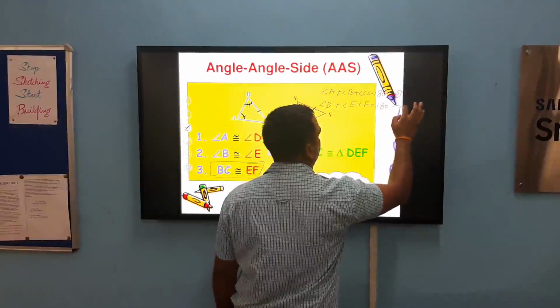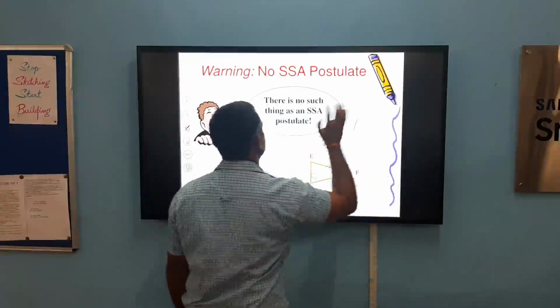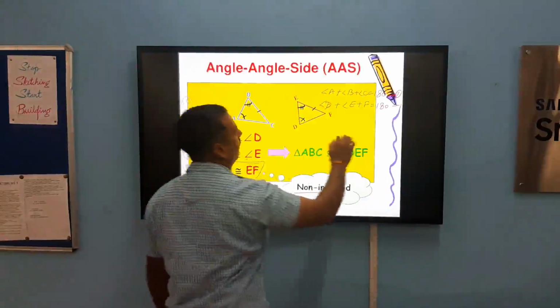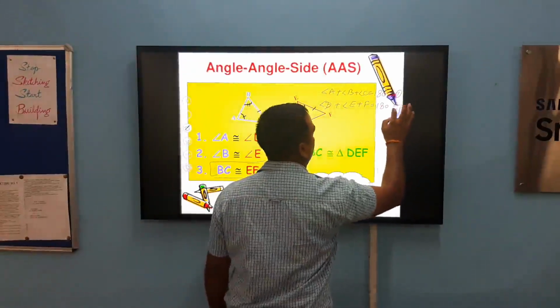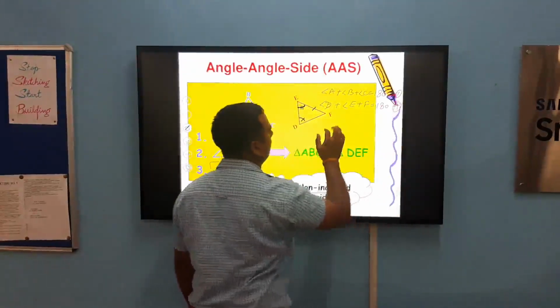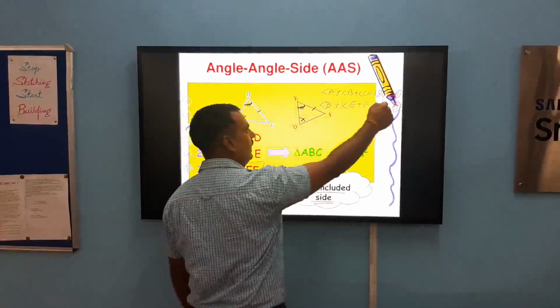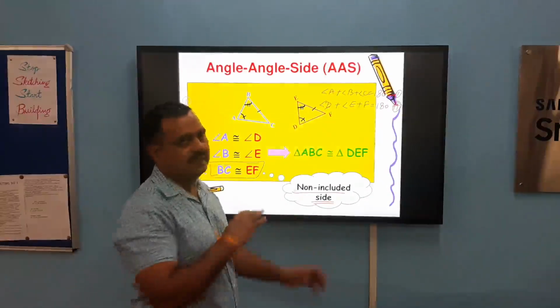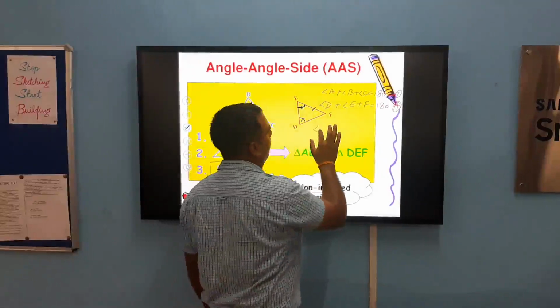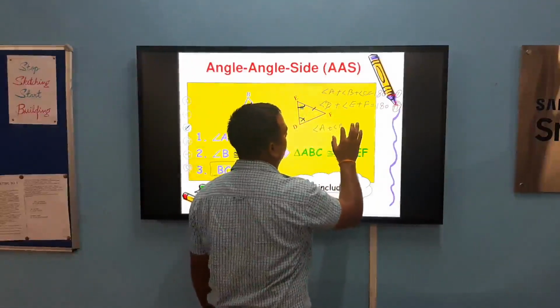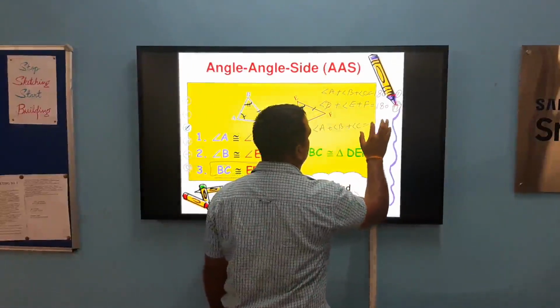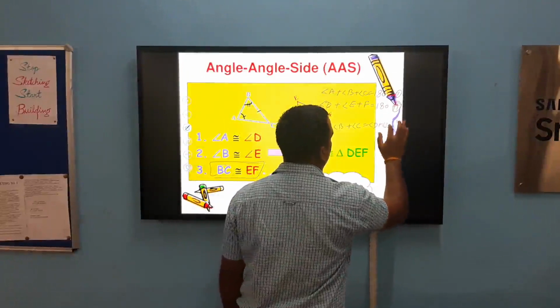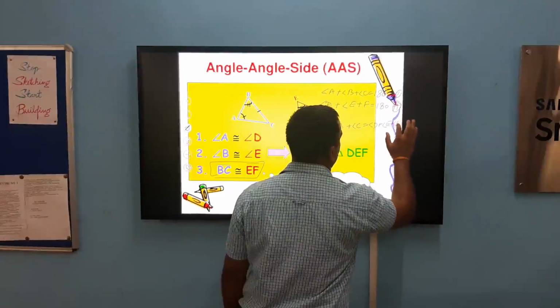From equation first and equation second, we know that if right hand sides are equal, then left hand sides are also equal. So angle A plus angle B plus angle C is equal to angle D plus angle E plus angle F.